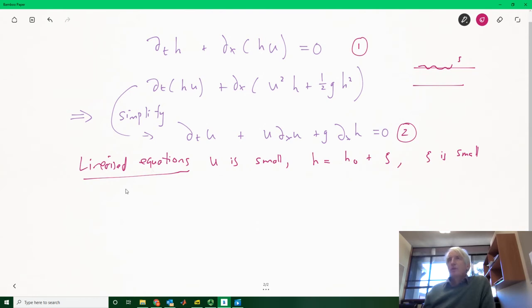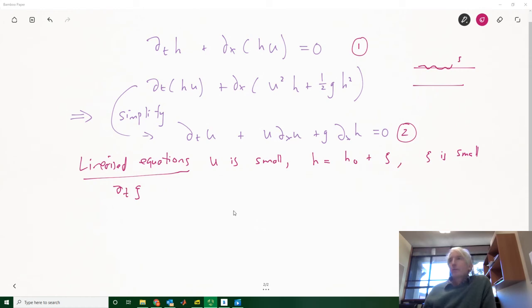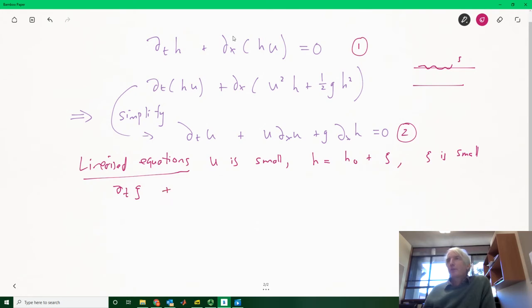So if I substitute in that, d by dt of h is going to be d by dt of zeta, and I'm going to get d by dx of h times u. So I'm going to get h naught plus zeta multiplied by u equals 0.